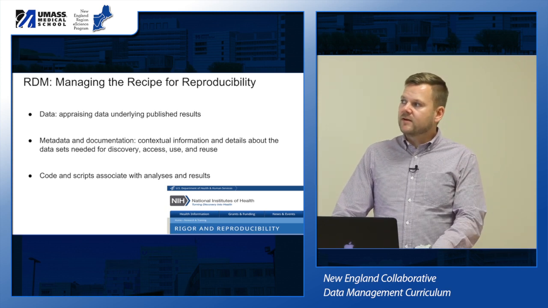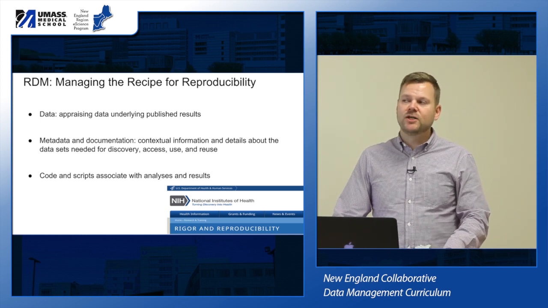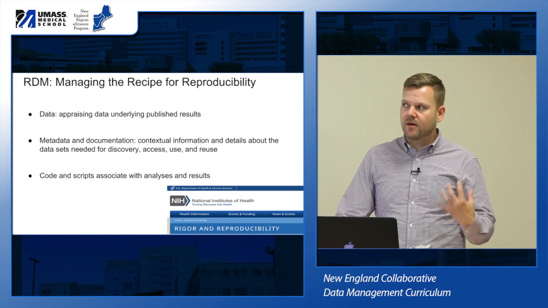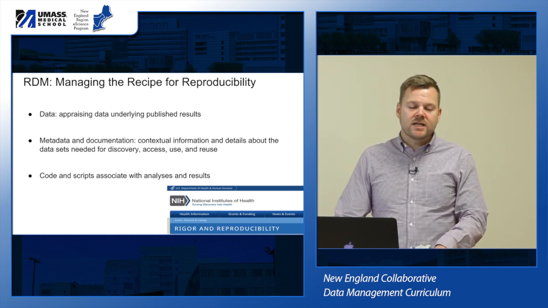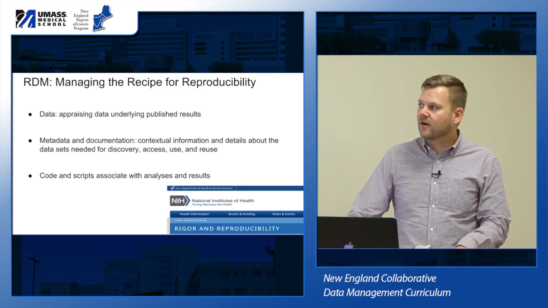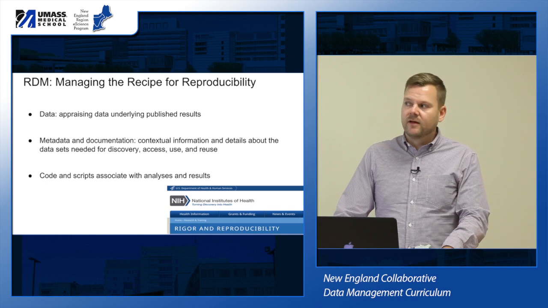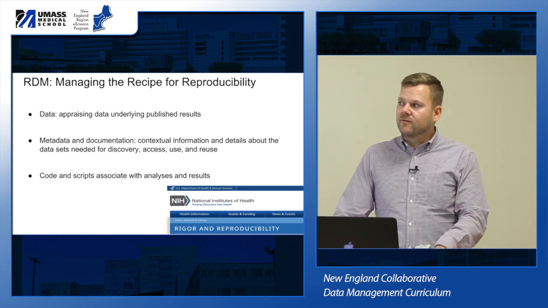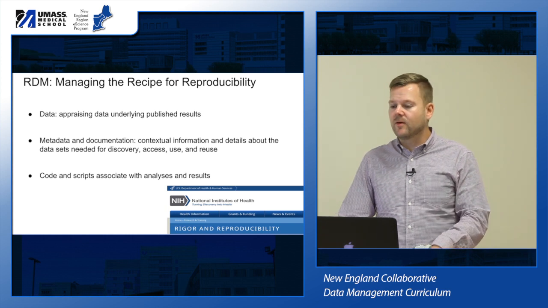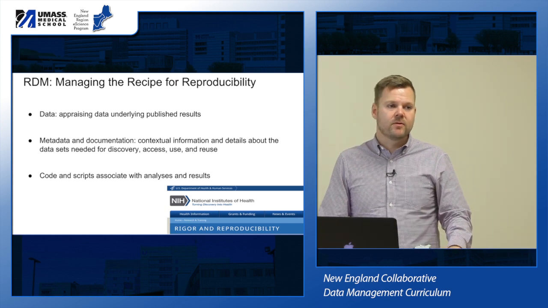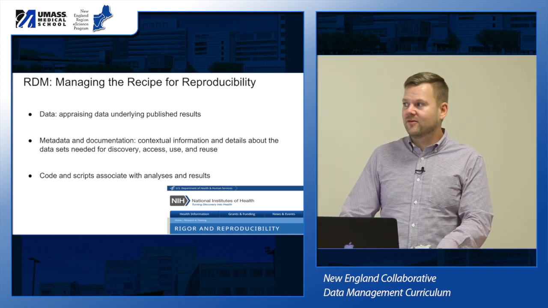And so when we say data, it's not just the data itself, but also these other digital objects that are orbiting research data and published findings. Things like metadata and documentation, which are the contextual information and details necessary to understand that experiment or to understand results. And metadata, or the information about those data sets, will help people discover those data sets, access those data sets, use those data sets, and reuse or repurpose those data sets.